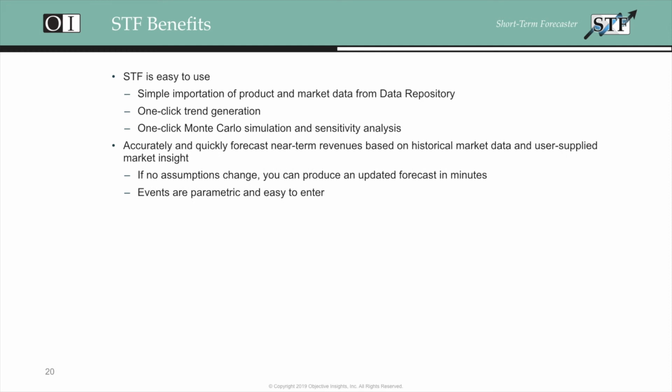So you can quickly and accurately generate new trends based on updated market and product data. And if no assumptions change, you can produce an updated forecast in minutes. And if you do need to change assumptions, they're parametric. So let's say a launch date changes by 6 months, you just change the launch date, and then all the calculations flow through. You don't have to go in and manually change market shares and things like that.